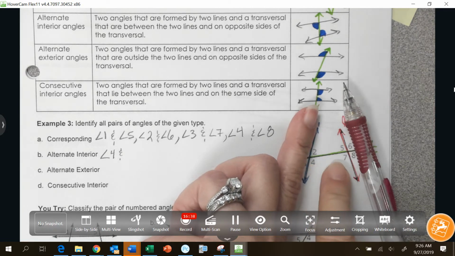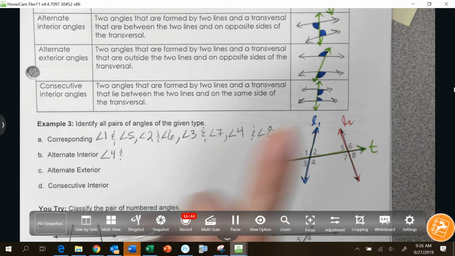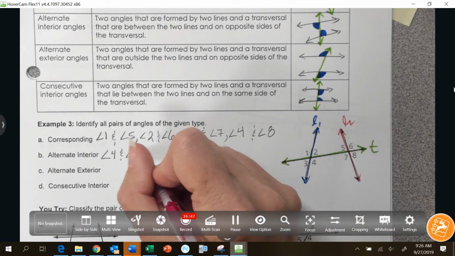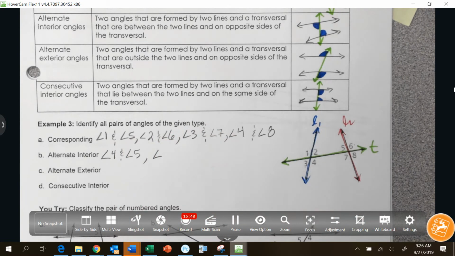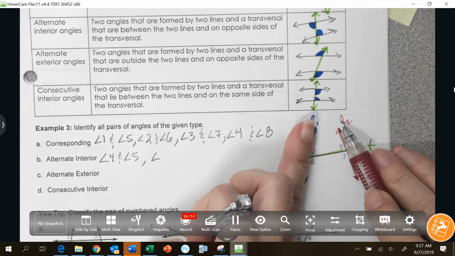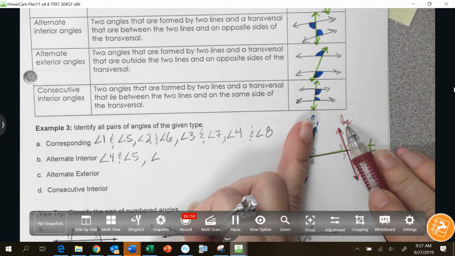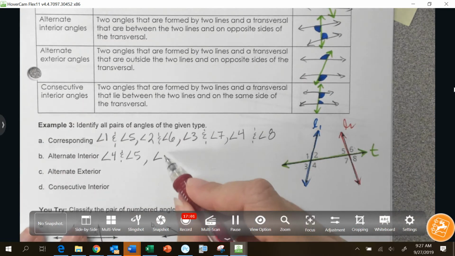Is that on a different side of the transversal as angle 4? Angle 5 is on a different side. That's what alternate means, different side. So angle 5. Okay, and Austin, can you tell me the other pair of alternate interior? 2 and 7, good.